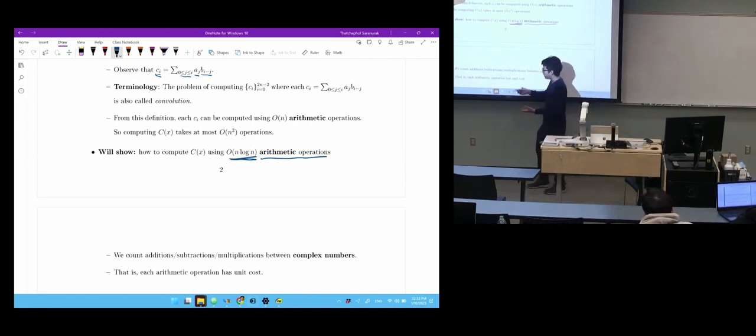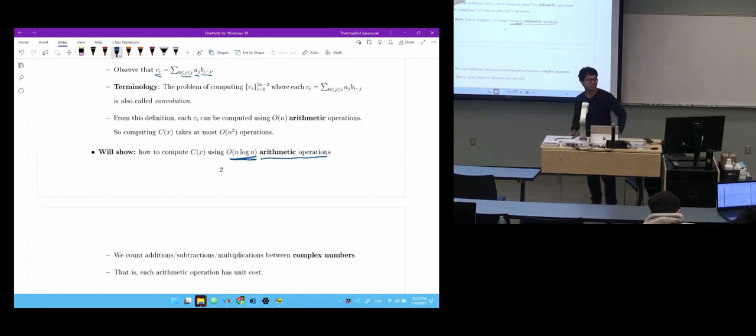And maybe when I add two numbers, they might be large, but I just count it as one operation. But here, what I want to do is to convey how fast Fourier transform works. I want to give you that idea. So I'm just going to ignore this stuff and just count the number of arithmetic operations.